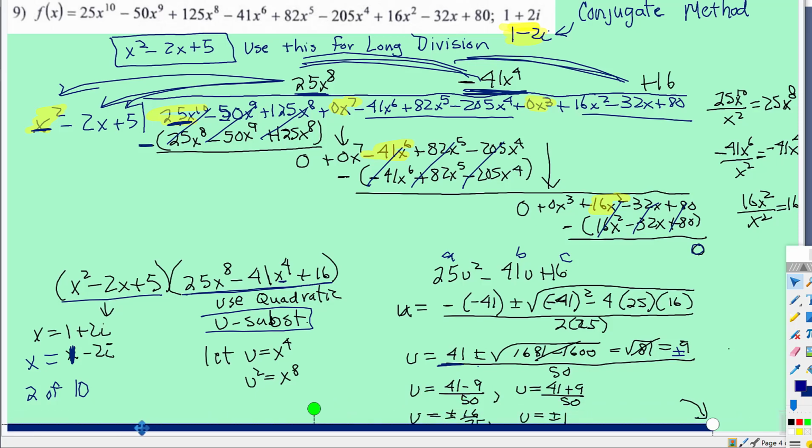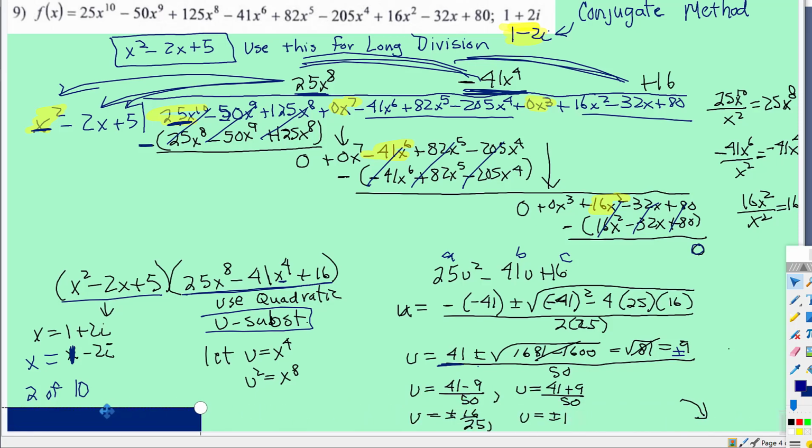Let me get rid of that altogether. And now what you have is 41 plus or minus 9, so 41 subtract 9 over 50, and 41 plus 9 over 50. Well, 41 subtract 9 is 32 over 50, which simplifies, they both have 2 in common, which simplifies to 16 over 25.